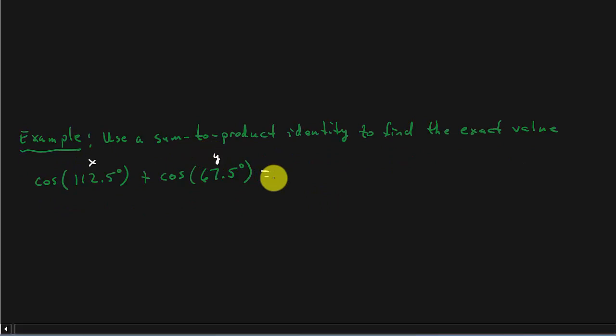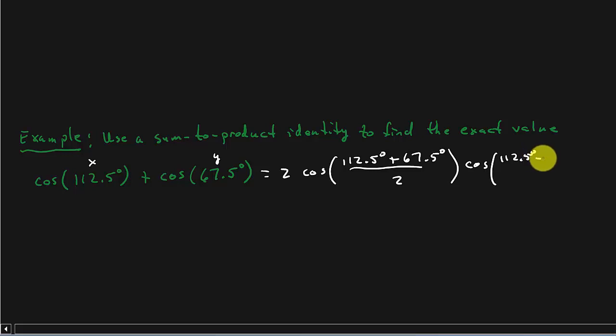So that is going to be 2 times cosine of (112.5 plus 67.5) over 2 times cosine of (112.5 minus 67.5) over 2.